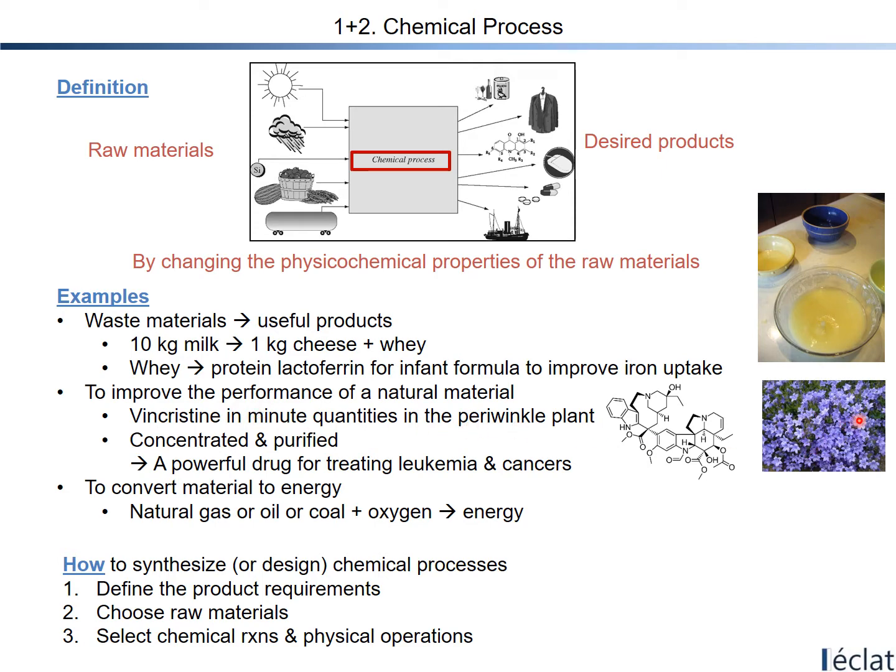This is the periwinkle plant. After concentration and purification of this vincristine, we could obtain a powerful drug for treating leukemia and cancers. So we could increase the value of the product.